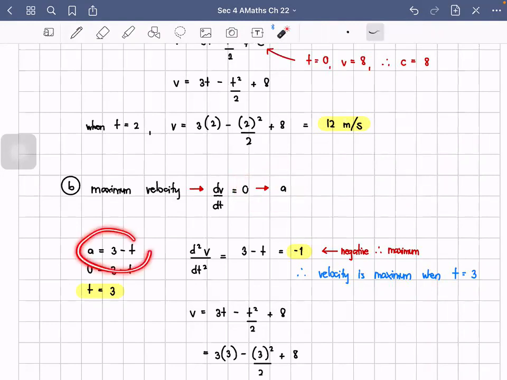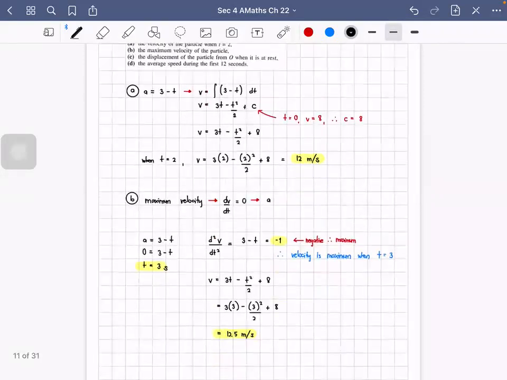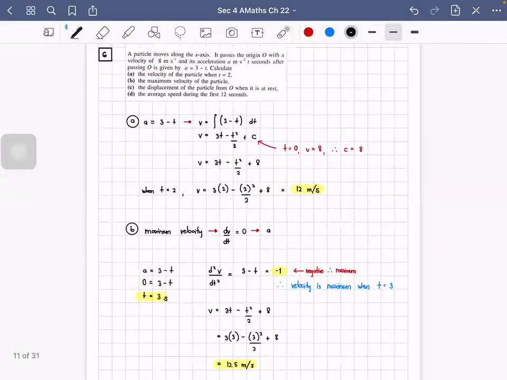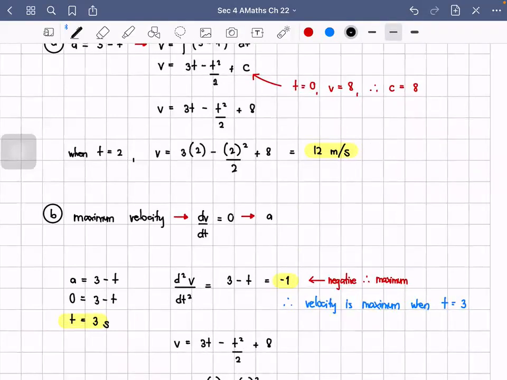Using the acceleration function given, A is 0, so 3 minus t equals 0. Therefore, t is 3 seconds. So the short explanation here, class, is that in 3 seconds, we will find our maximum velocity.